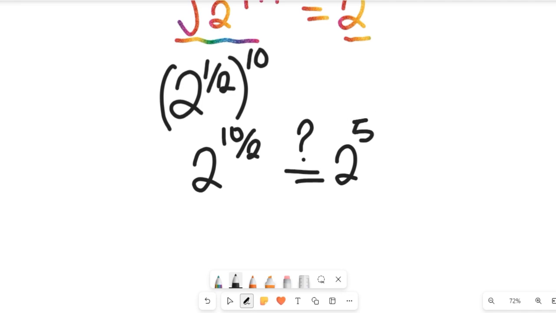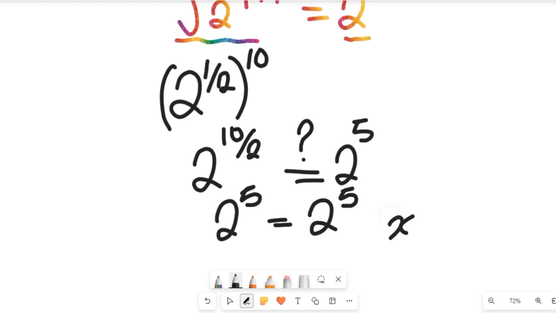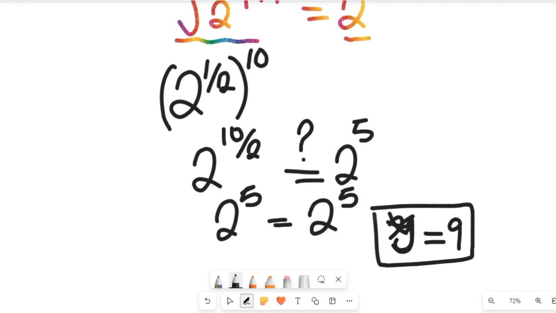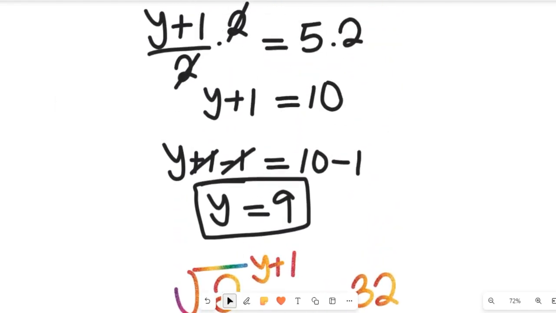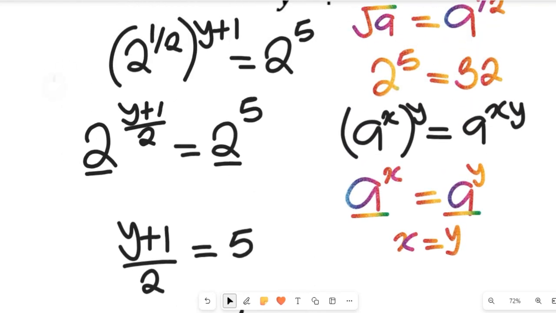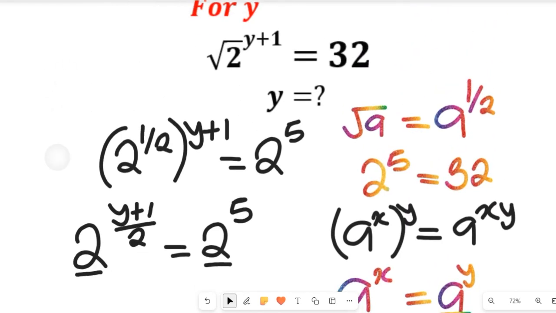Of course it should. 10 divided by 2 is 5, so 2 to the power of 5 is equal to 2 to the power of 5. That makes it simple. So y equal to 9 is the solution that satisfies the algebraic expression that is given to us up above there.